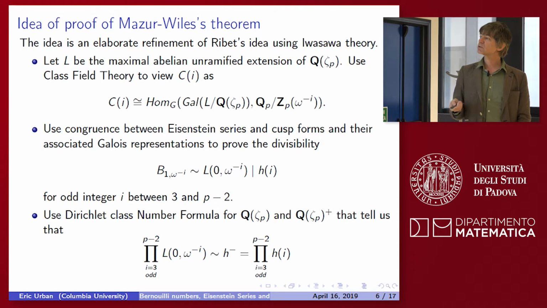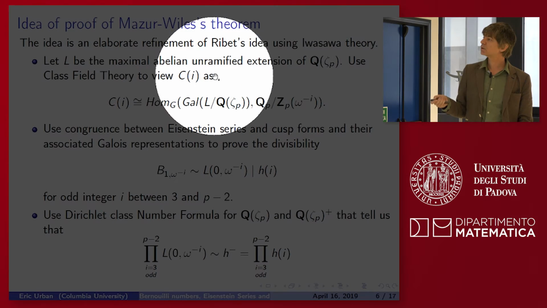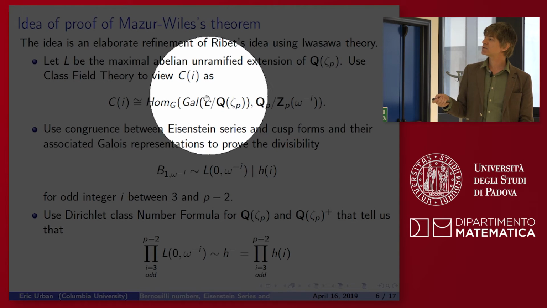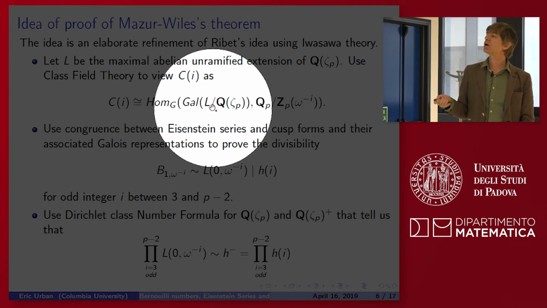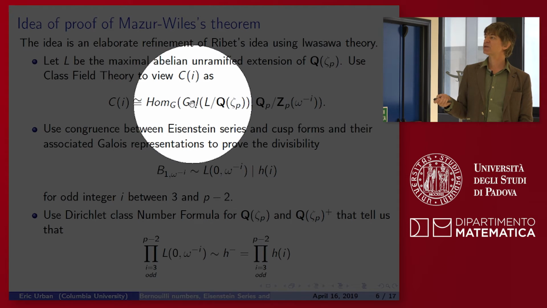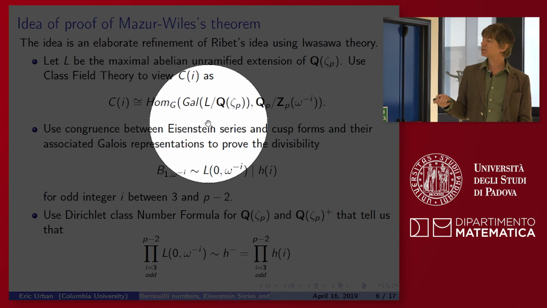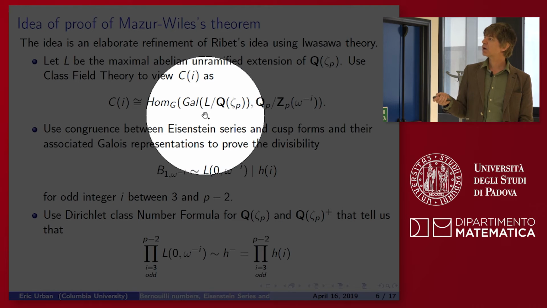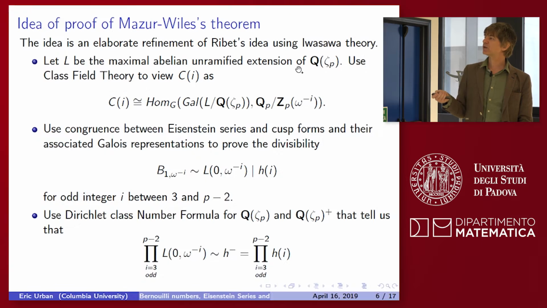So first, there is one part which is to relate the class group to a Galois group of some maximal abelian extension of Q(ζ_p). Here, you look at L, the maximal abelian extension of Q(ζ_p). Abelian extension means that this Galois group has to be abelian, and L is maximal for that. And this L has to be unramified everywhere.